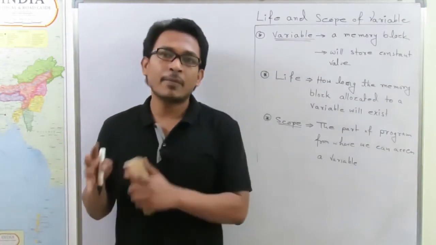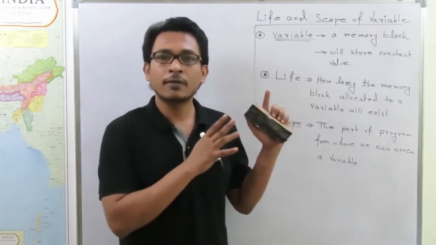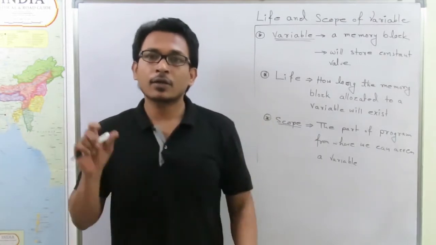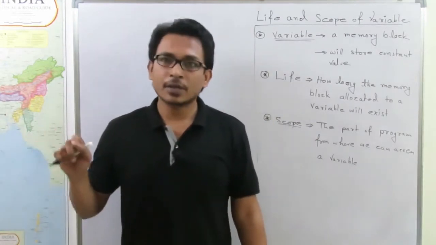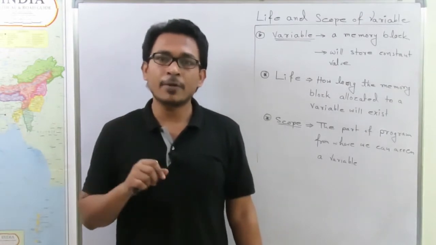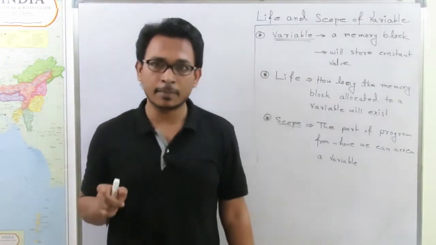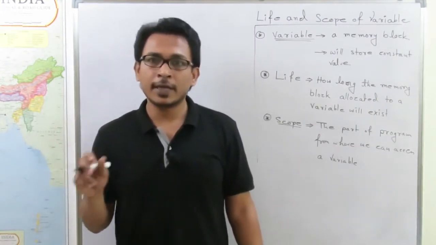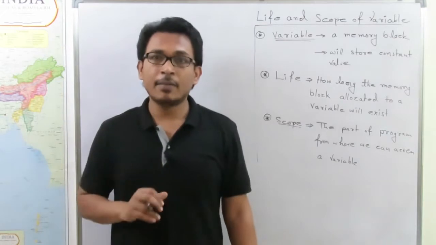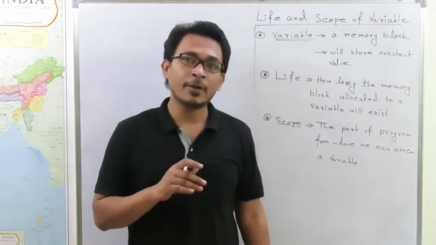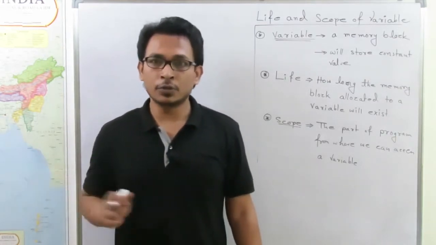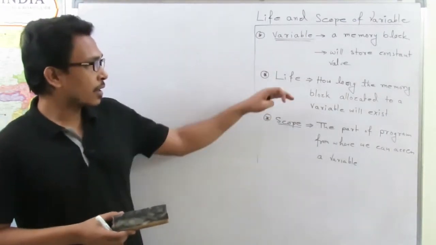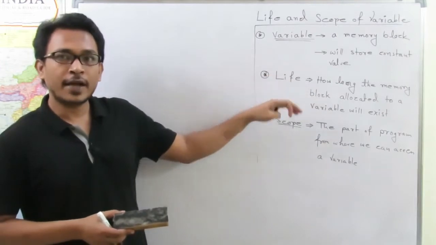At that time memory is allocated for the newly entered function, and when execution is completed, the full memory is deallocated by the system. That means those variables no longer exist in memory for any further use. Clear? That is where we come to these two concepts, life and scope.